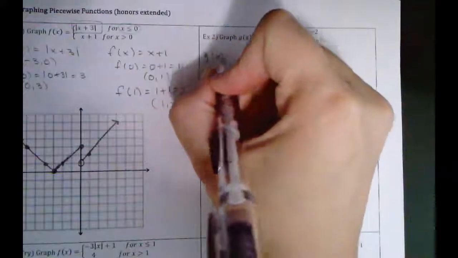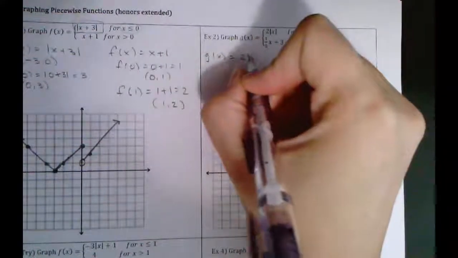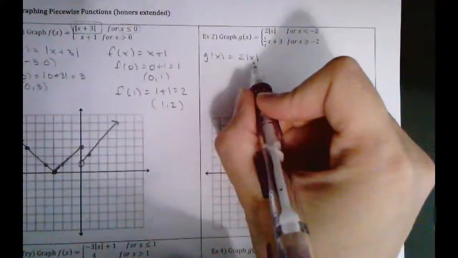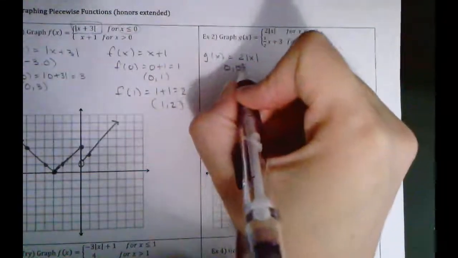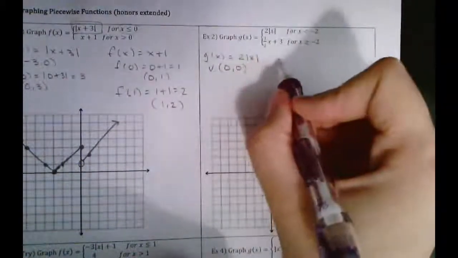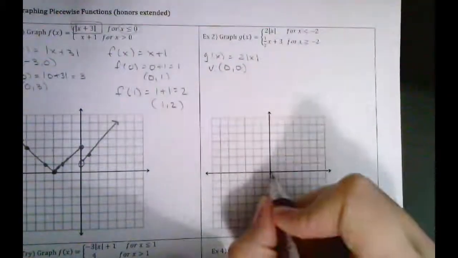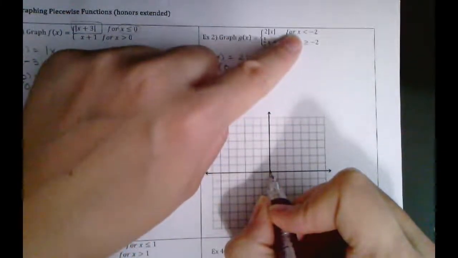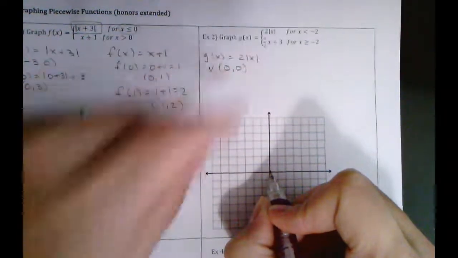So for example 2, we have 2 times the absolute value of x. So this vertex is at 0, 0 because there's no k and there's no h. So that would be right here. But our domain is that we only want to graph that function for x values less than -2.